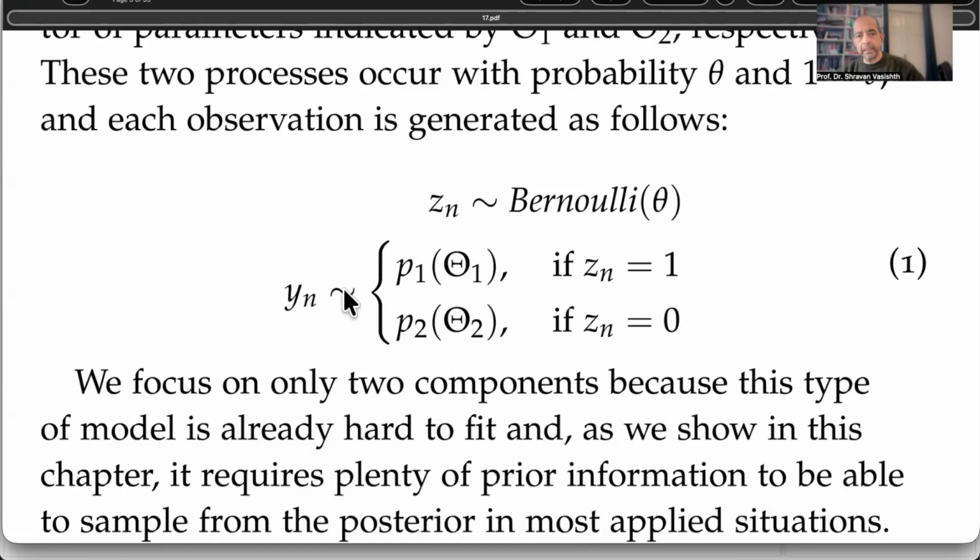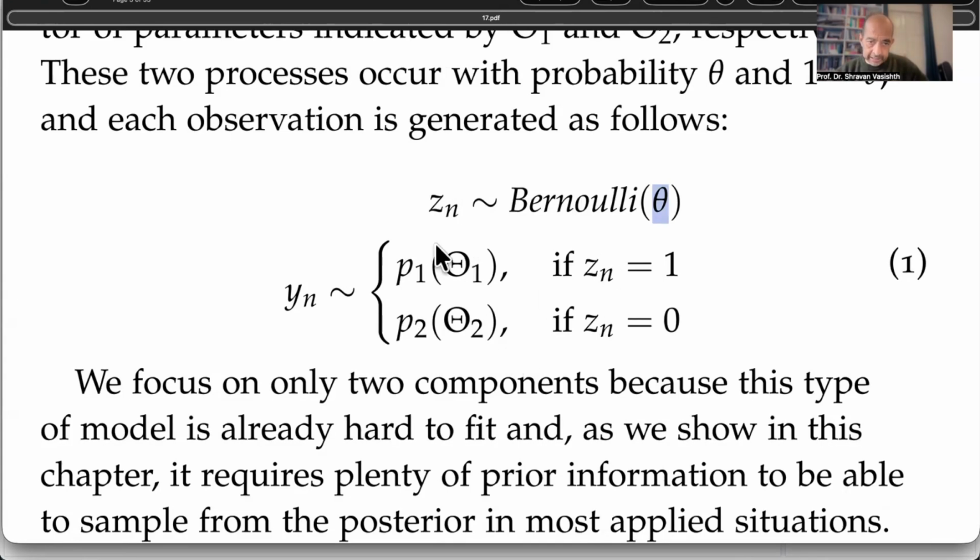And so the way one typically writes this is that there is an indicator variable, call it Zn, where n is the nth data point, that's coming from a Bernoulli with some probability value. So with some probability we are getting data from this distribution. With some probability we are getting data from this other distribution.